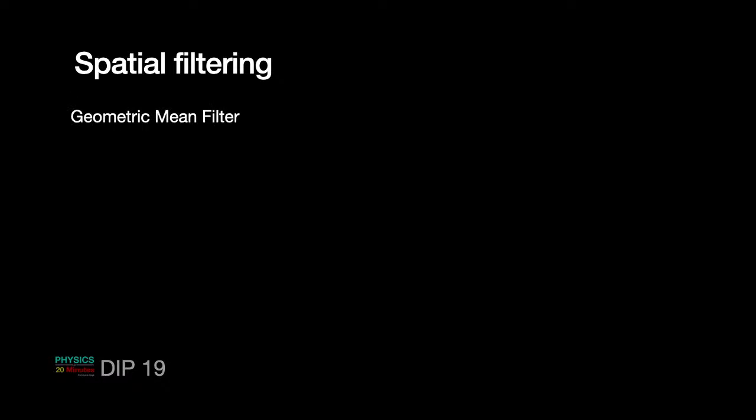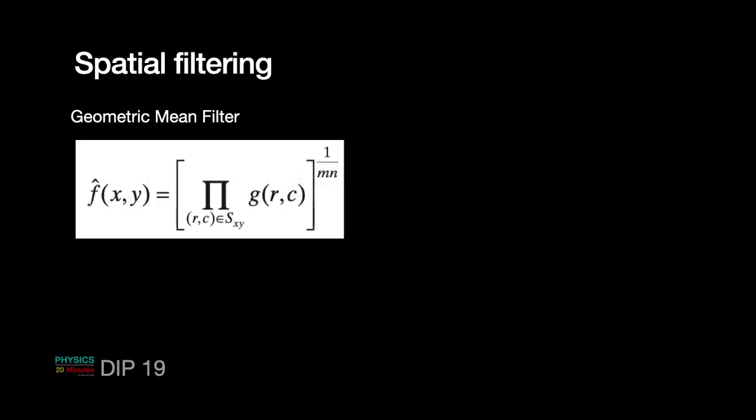Now on the very same lines, once you have understood one, understanding others is easy. This is called the geometric mean filter. In a geometric mean filter, instead of adding all the terms, you multiply all the terms together. So take individual pixels of the neighborhood and multiply all of them together.